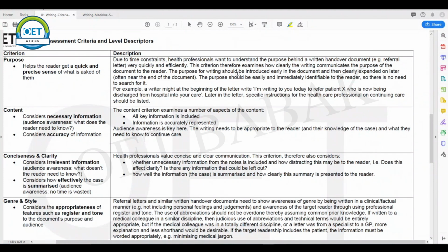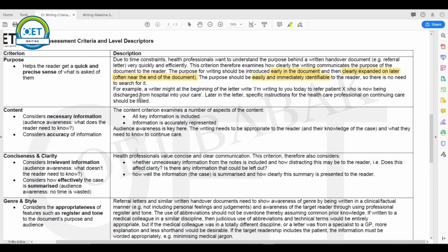The purpose for writing should be introduced early in the document and then clearly expanded on later, and it is often near the end of the document. The purpose should be easily and immediately identifiable to the reader, so there is no need to search for it.